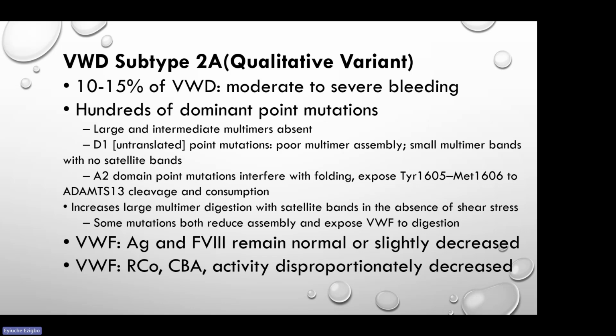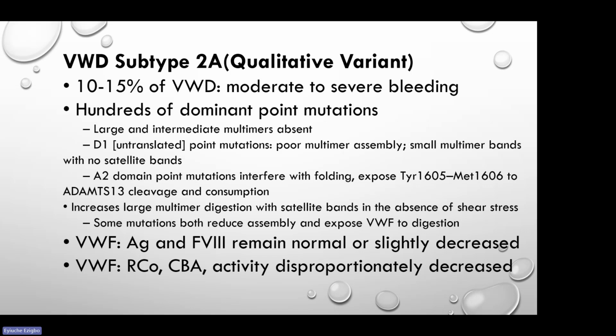Without any shear stress, you find these satellite bands, this breakdown into smaller multimers of smaller bands of von Willebrand factor. Some mutations both reduce the assembly and expose von Willebrand factor to digestion. So the antigen to factor 8 ratio can remain normal or may be slightly decreased.